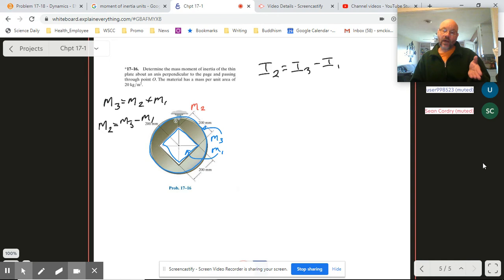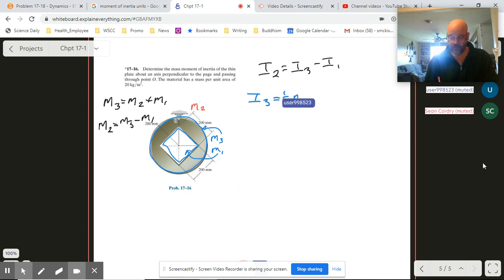So that's how we'll crack this nut, is we'll get I3 and I1, and then we'll just subtract the two, and we'll be good to go. Okay. So I3, that's for the disk. So we're going to have 1/2 M3 R3 squared, plus there's an offset, so we have M3 D3 squared.